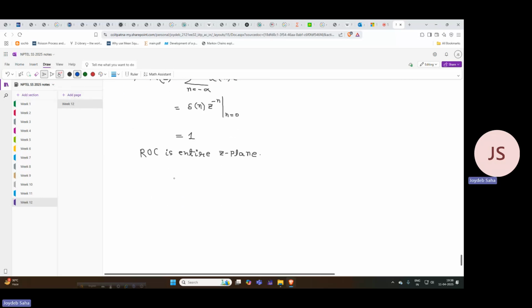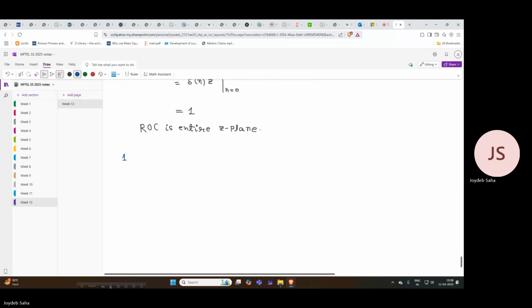Okay, next problem. Find Z transform of xn is equal to un.